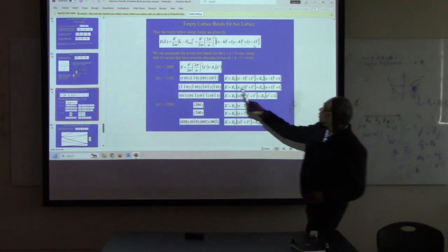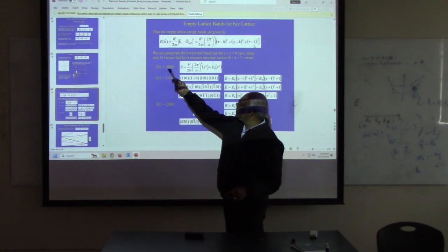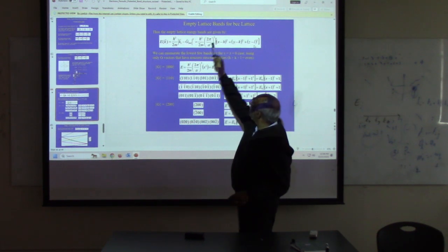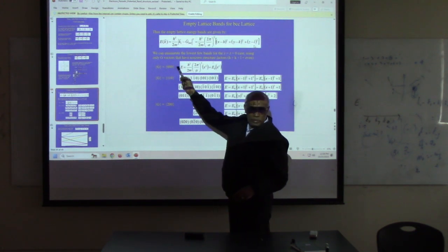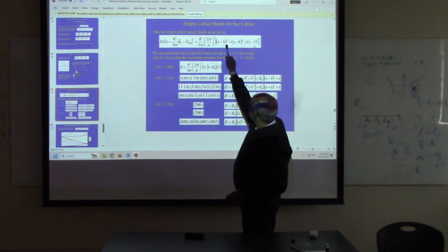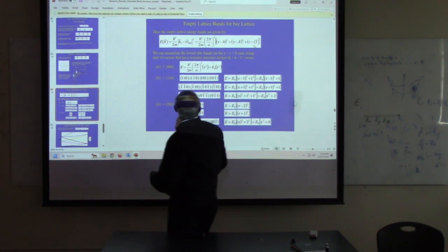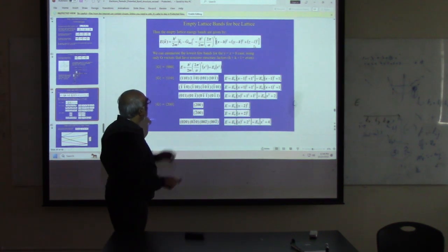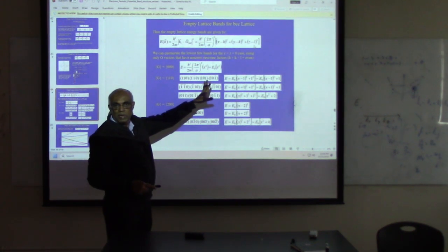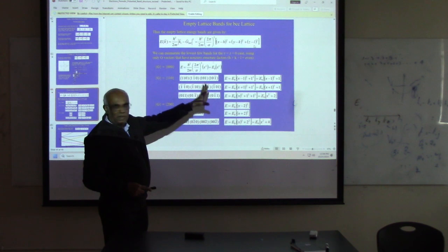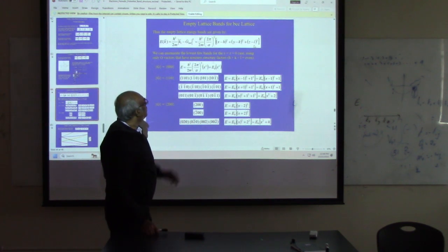So if I look at G is 0, 0, 0, that means your H, K and L are all zeros. If you plug in here, this example is for the BCC structure. That means your H plus K plus L is always even, right? That's the condition.